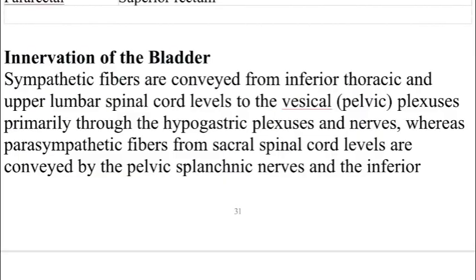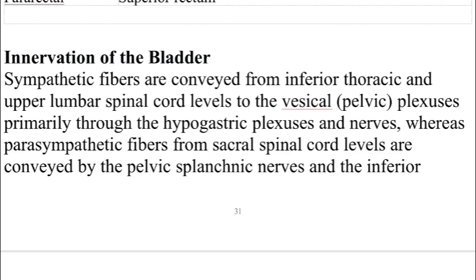Innervation of the bladder. Sympathetic fibers are conveyed from the inferior thoracic and upper lumbar spinal cord levels to the vesical plexuses, what we call the pelvic plexuses. And these sympathetic fibers are conveyed via the hypogastric plexuses and nerves.